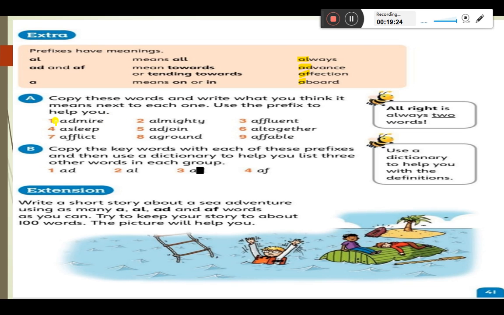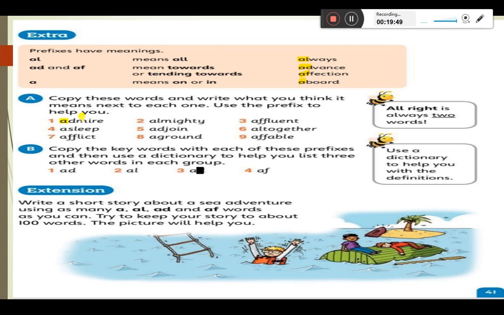The first one, number 1, is with the prefix a, and this is the word admire. A means on or in. So when you admire someone, you are in love with someone, maybe you are respecting someone. I admire my teacher means that I respect my teacher, I love my teacher.